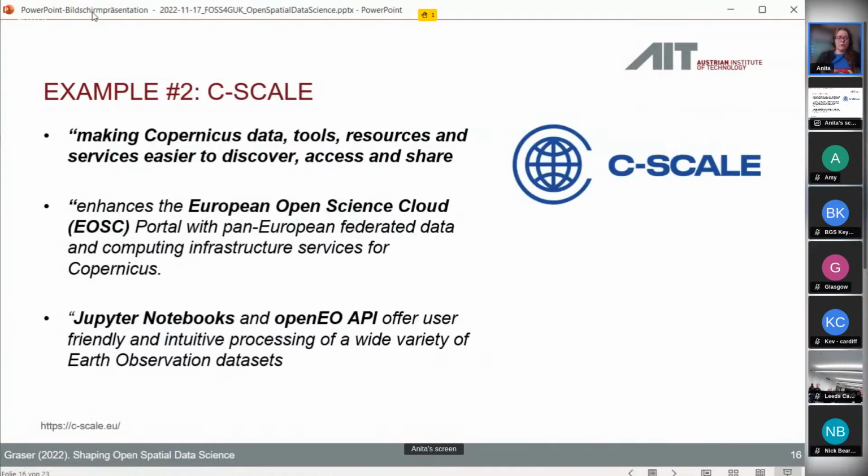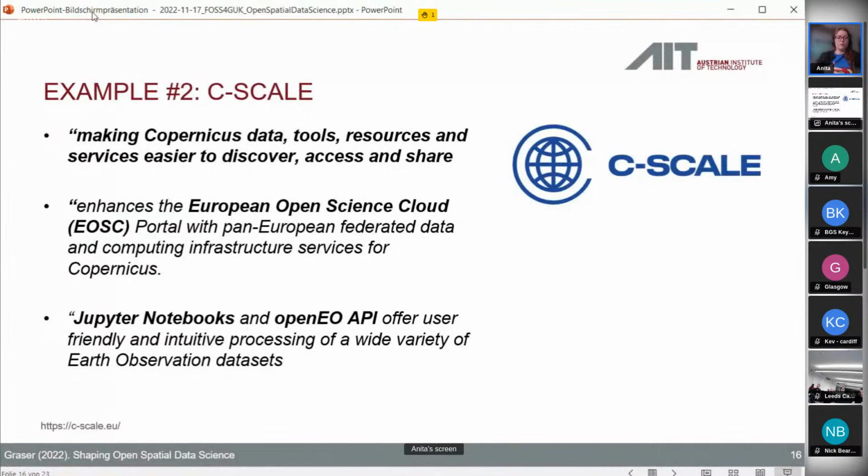The other example, even more flexible, is C-SCALE. It's another European focused project. Their goal is to make Copernicus data and tools more accessible to everyone. So they build upon the European Open Science Cloud portal and add spatial data processing for Copernicus data on top of it.